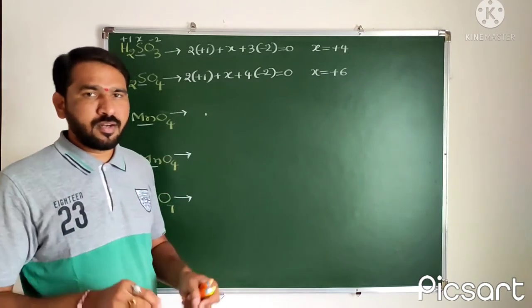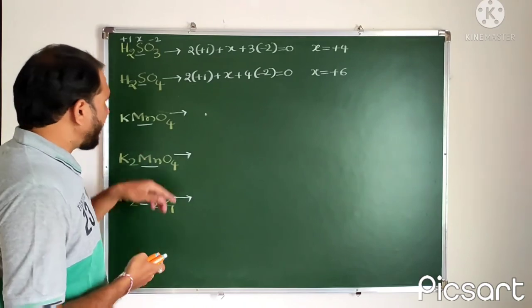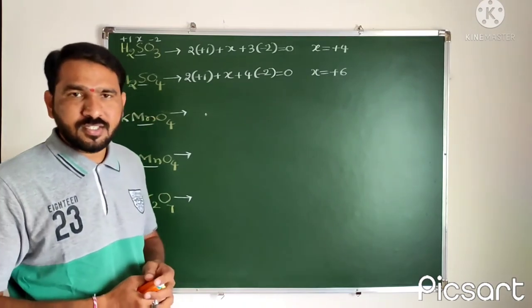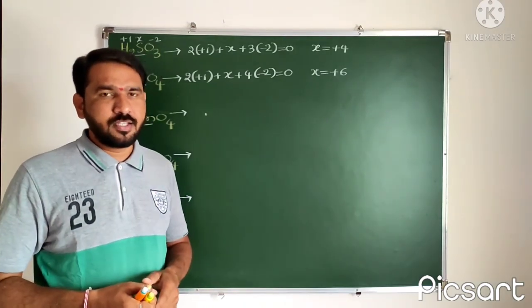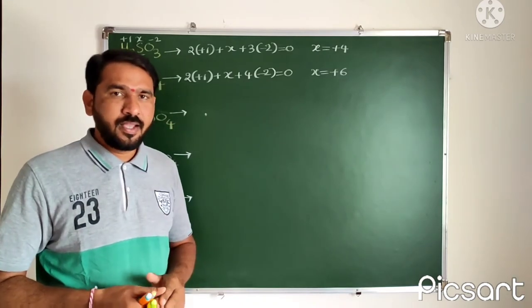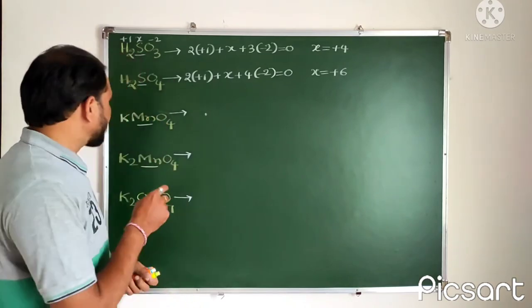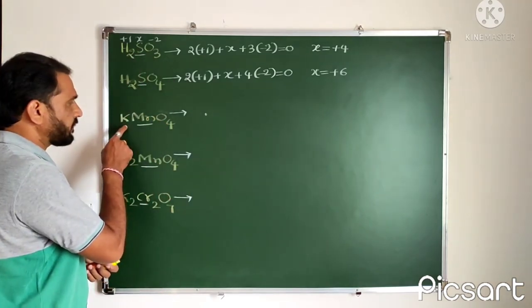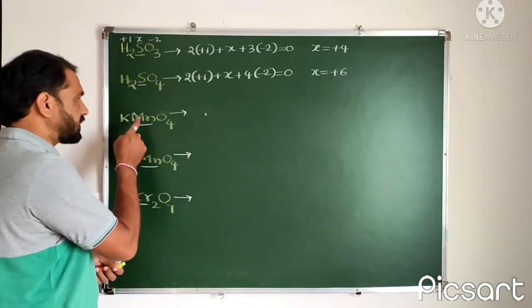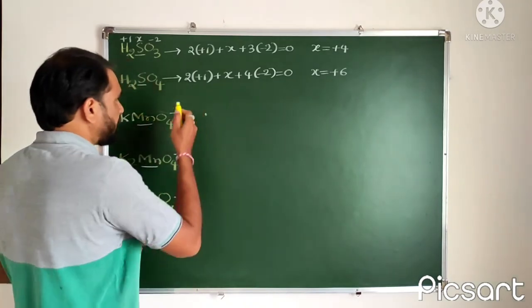Then the common method, without using pen and paper, the oxidation state of manganese we will get. As I told, -2 into number of oxygens 4, -8. It means +8. Among +8, +1 is deducted by K+. Remaining how much? +7. That is the oxidation state of manganese. Let me use the formula.